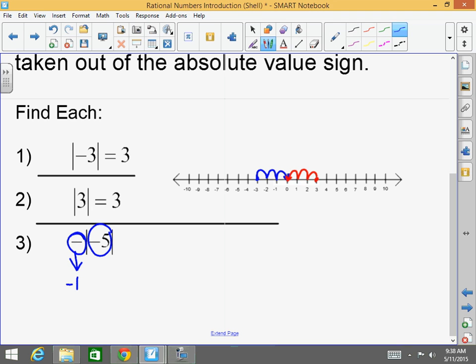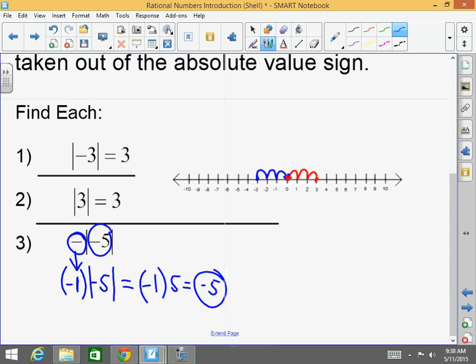That's an invisible negative 1 being multiplied to the absolute value of negative 5. What's the absolute value of negative 5? 5. But what's negative 1 times 5? Negative 5. So my answer for this one will be negative 5. Not because the absolute value of negative 5 is negative 5.